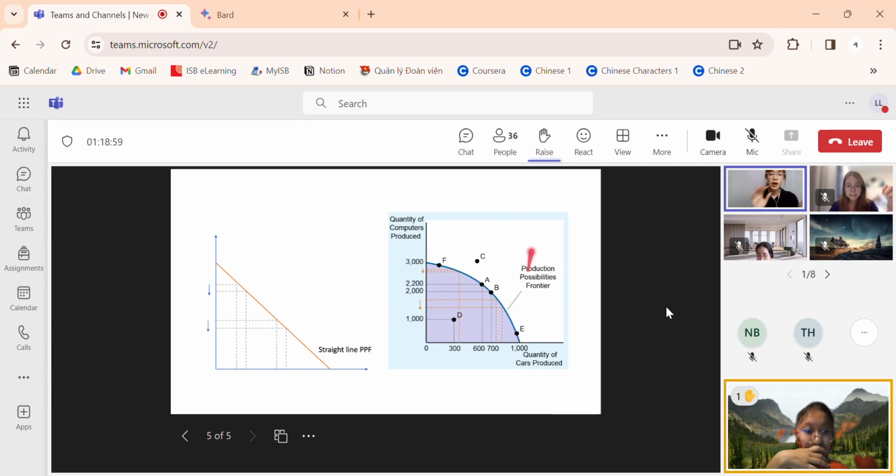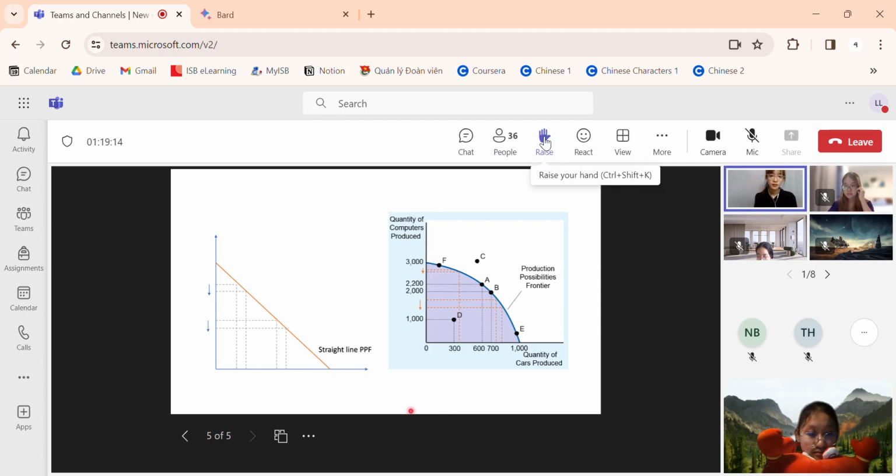We will have to reallocate the labor. Here, maybe I need to move more and more labor from computers to the car industry. For example, I move 7 laborers from computers to the car industry and force them to produce cars. Now, how many students do I have remaining for computers? Only 10 students.